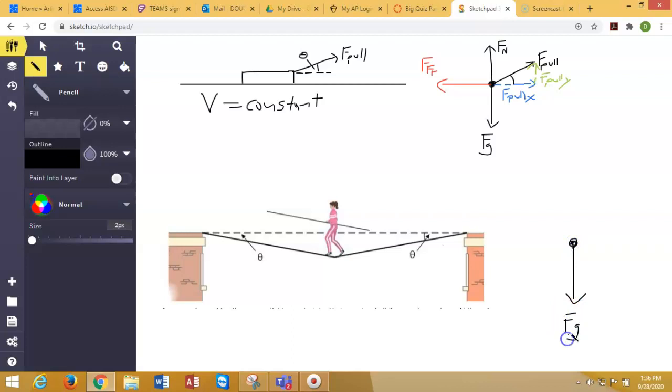That's the force of the earth on the girl. So that would be down this way, Fg. And then you have two forces going along the ropes. One going this way, and one going that way like that. And so my FBD would be something that looks like this.